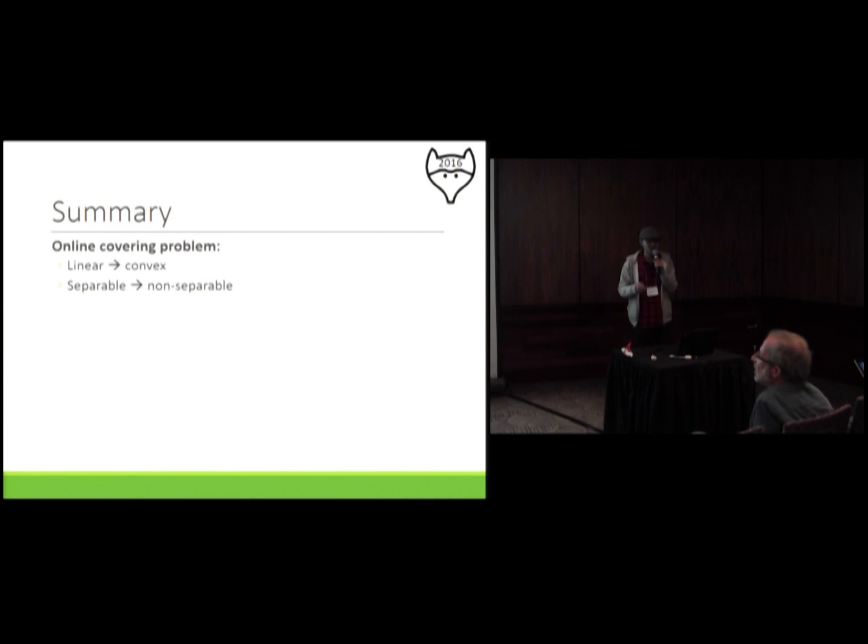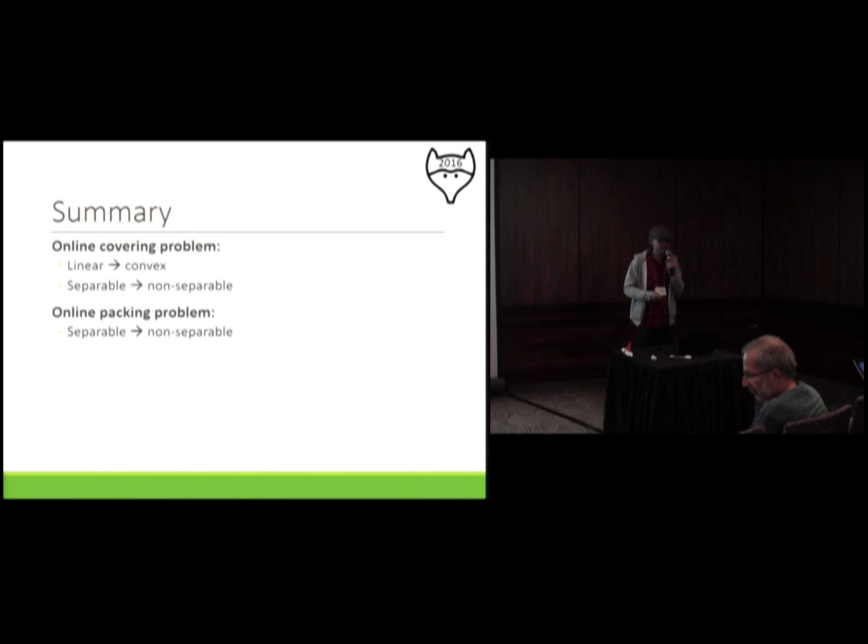We generalize the online covering problem from the linear objective function to convex objective functions, and also from separable to non-separable. And for the online packing problem, we generalize the cost function from separable to non-separable.